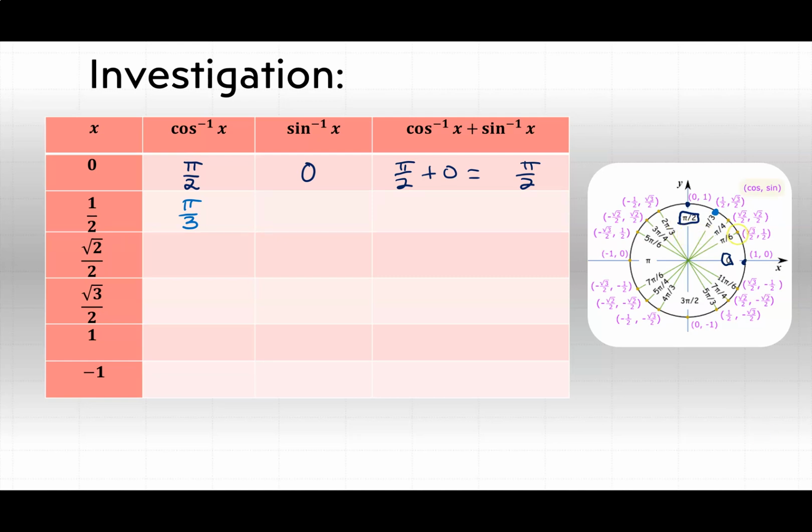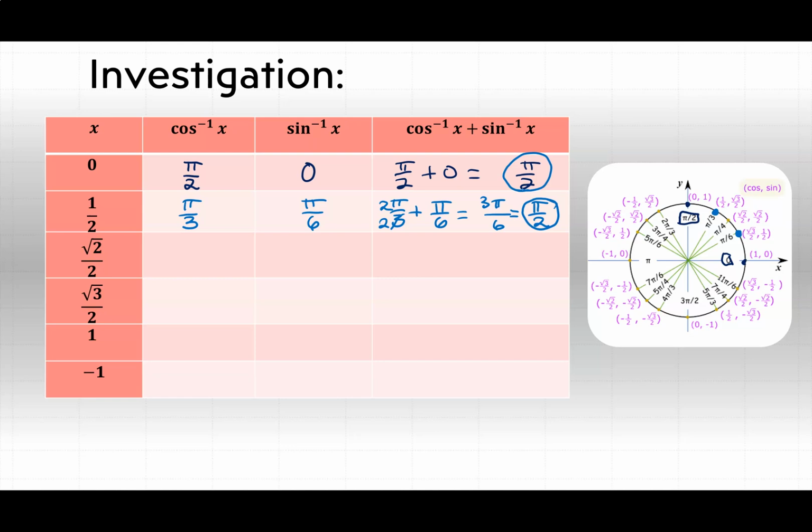Sine is 1/2 when you are here at pi over 6. Pi over 3 plus pi over 6. If you keep 6 as your common denominator and you multiply this by 2 over 2, then you will have 2 pi over 6 plus 1 pi over 6, which is 3 pi over 6, or we will call that pi over 2. Is that always true?